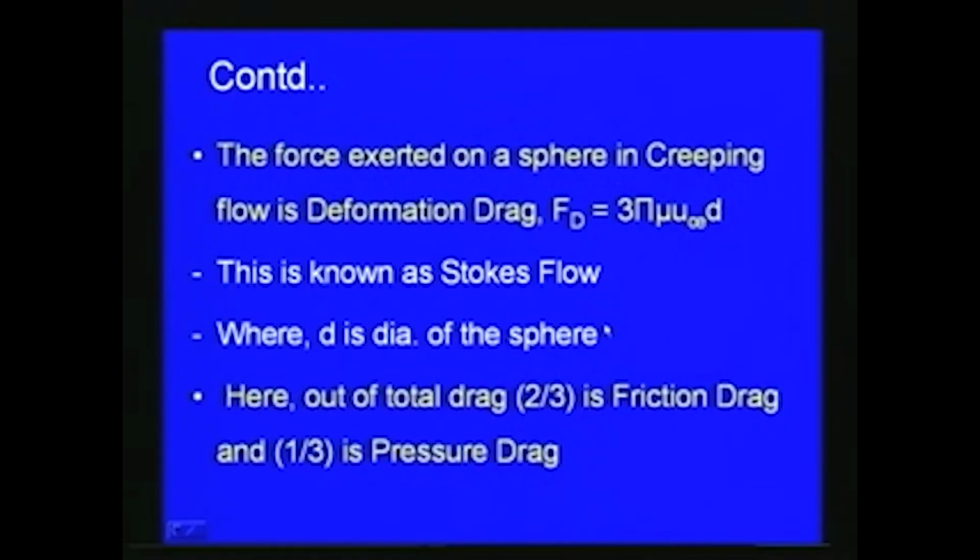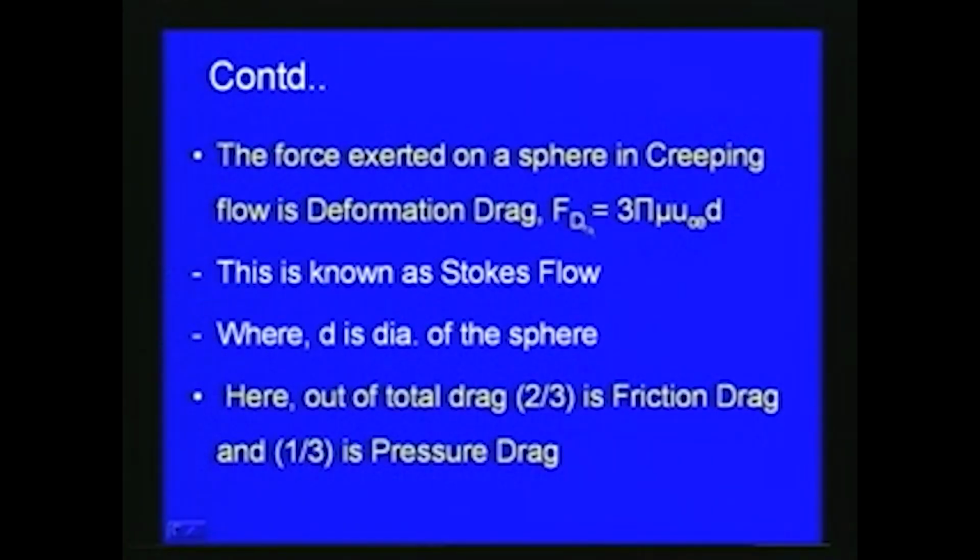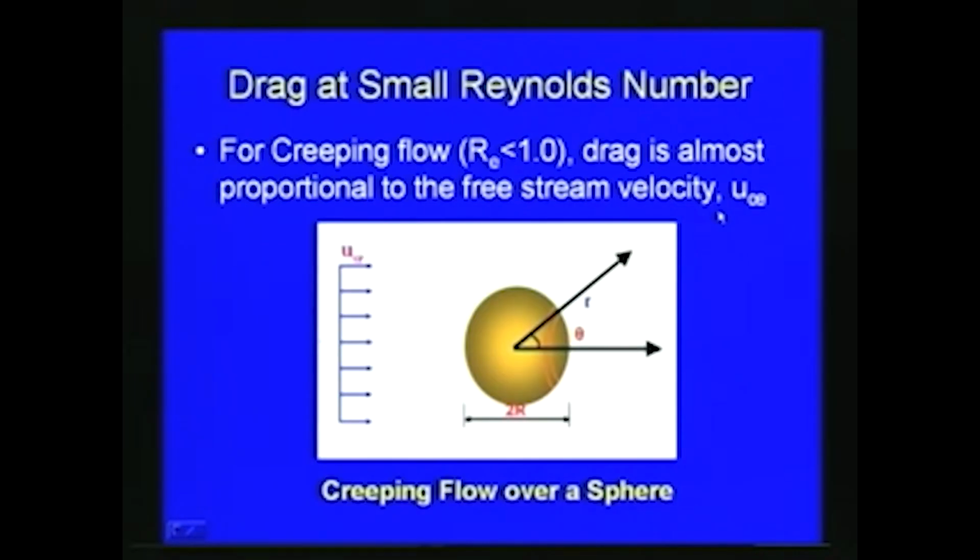Through the number of experiments conducted, Stokes showed that the deformation drag for a creeping flow, where the Reynolds number is very small, less than 1, is F d equal to 3 pi mu u infinity d. Here mu is the dynamic coefficient of viscosity, u infinity is the free stream velocity, and d is the diameter of the sphere as shown here.